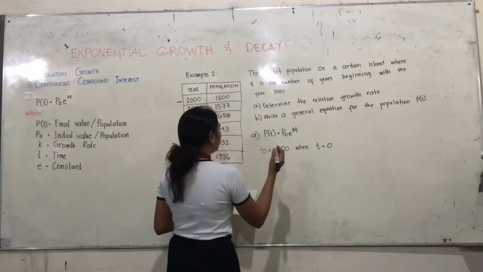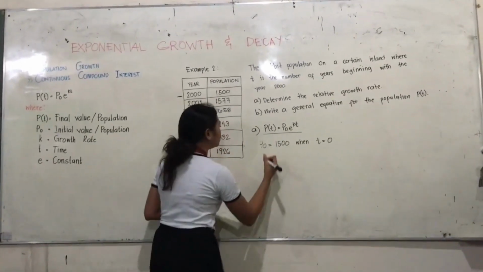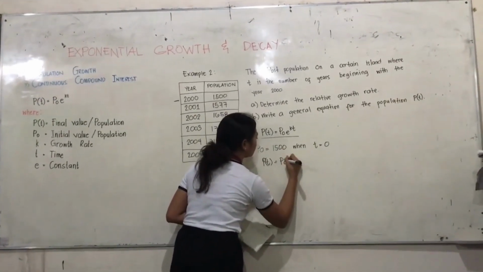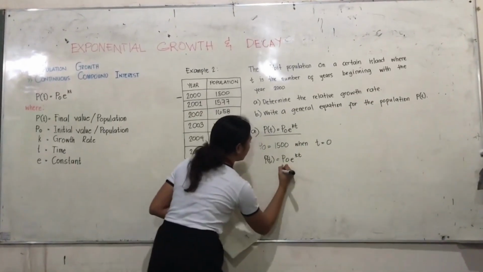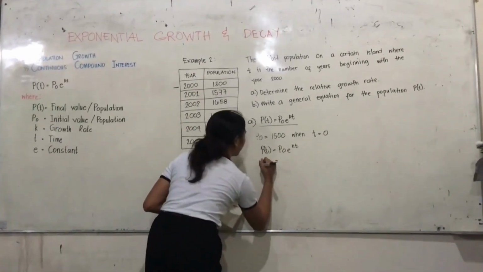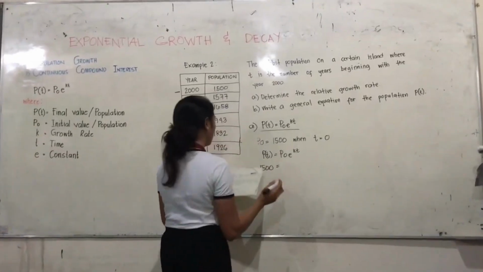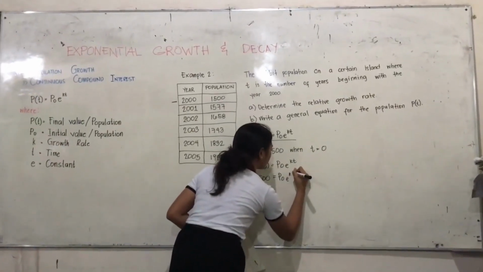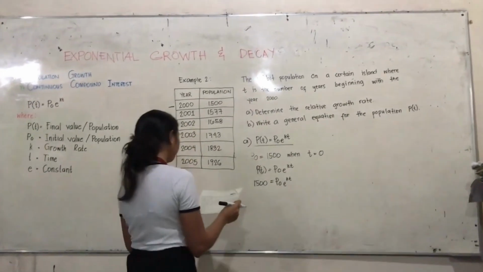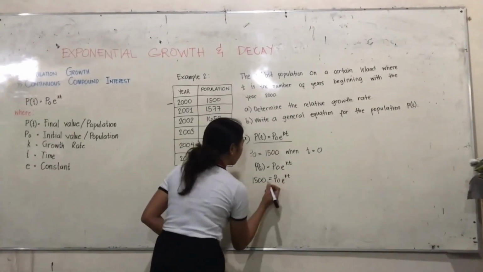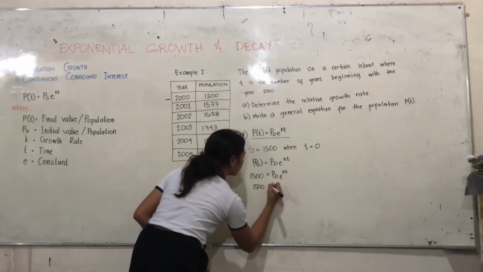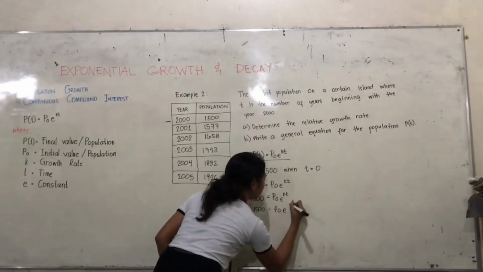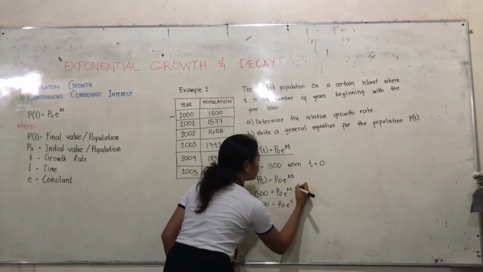So we'll go back to this equation. We will replace the P of T with 1,500 and then copy the rest. So we have here 1,500 equals P0 e to the 0 because our time is 0.